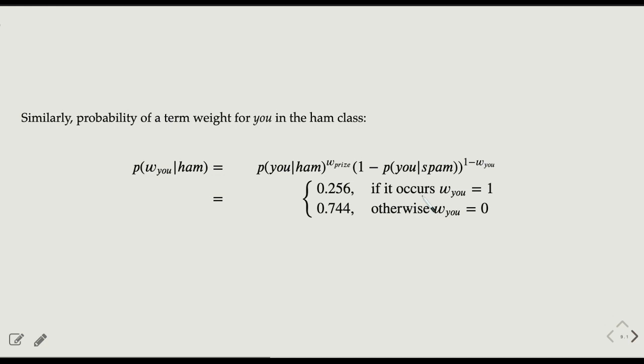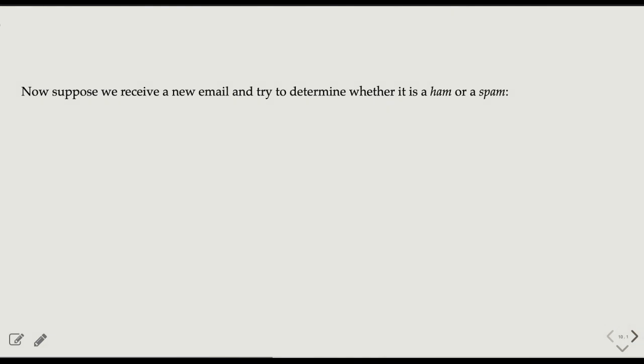And so we need to estimate all the probabilities of the terms in these different classes. Now suppose we receive a new email, and we have already done the probability estimates for the terms in both classes, and we are ready to do some email classification.